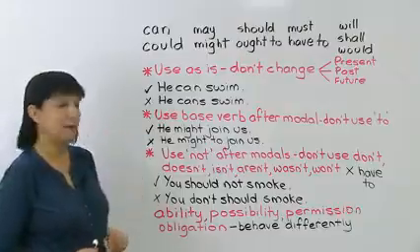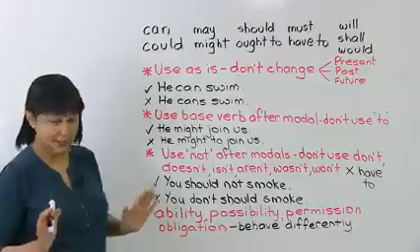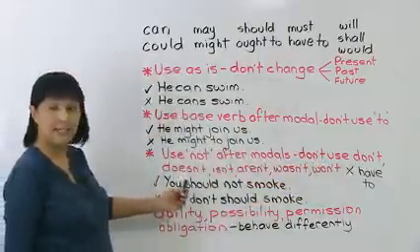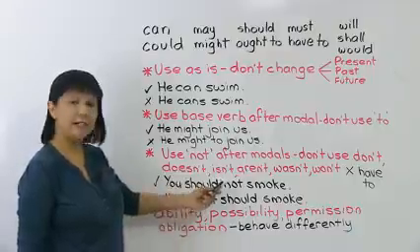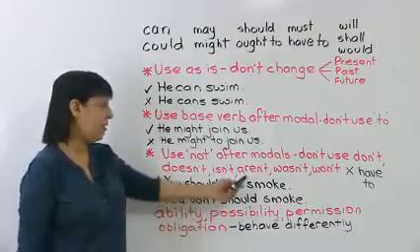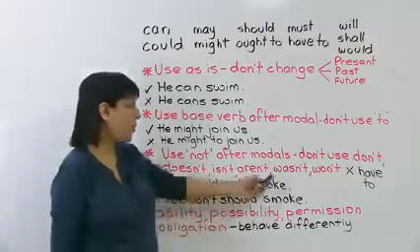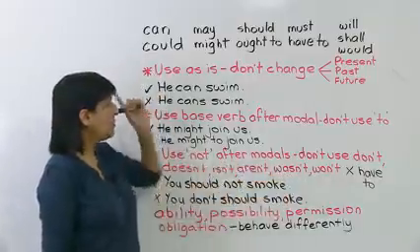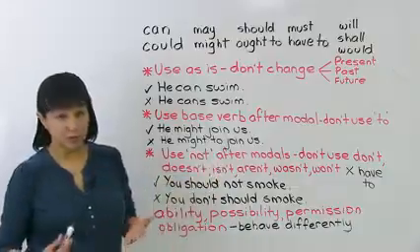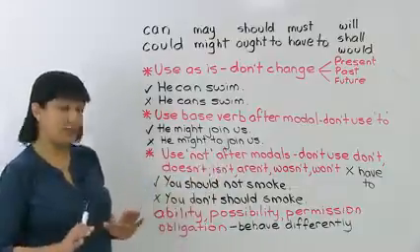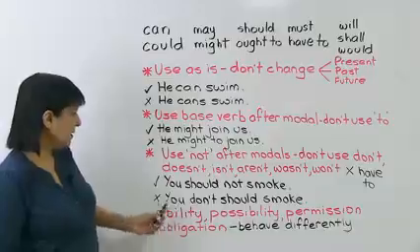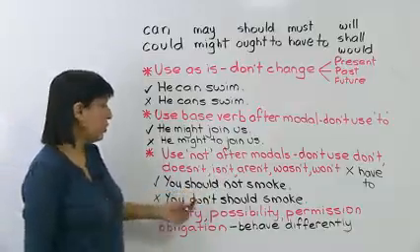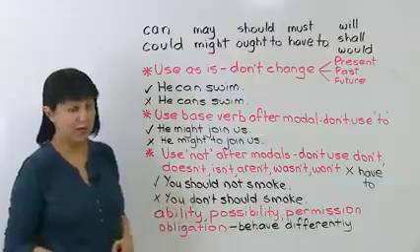But for most of them, don't use words like don't, or doesn't, or isn't, aren't, wasn't, won't, okay? So with most of these modal verbs, just say not. For example, you should not smoke. Not, you don't should smoke, all right?